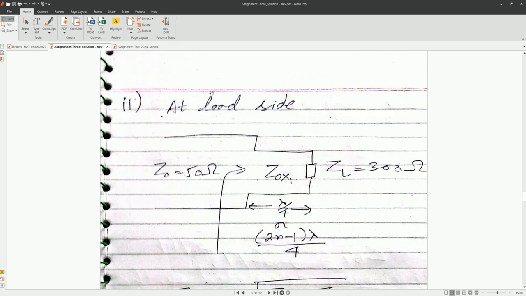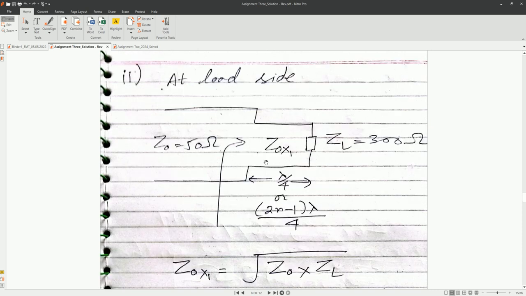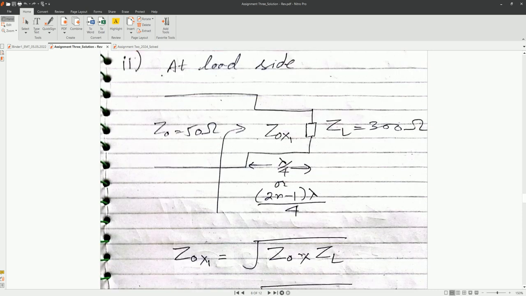Okay, at the load side we will be having a quarter wave transformer here. This length we have installed for impedance matching. So this is your 300 and this is your 50 ohm. This is your ZX, and its formula, which is derived in the slides, is the square root of Z0 multiplied by ZL.